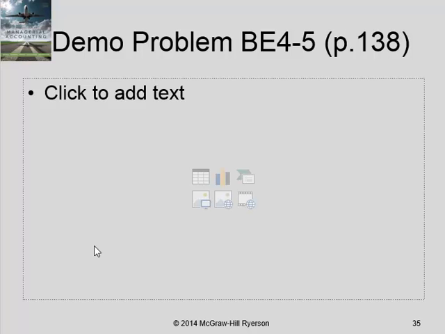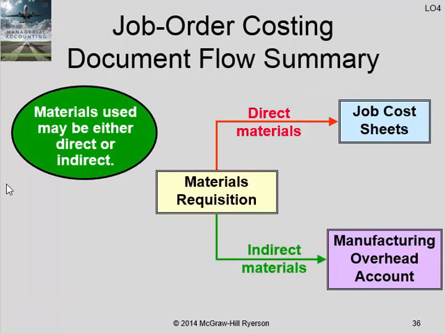All right, so now let's look quickly at the flows of the documents and the costs associated with a job cost system. So materials come out of raw materials inventory.